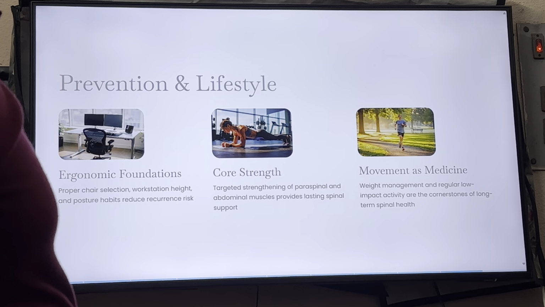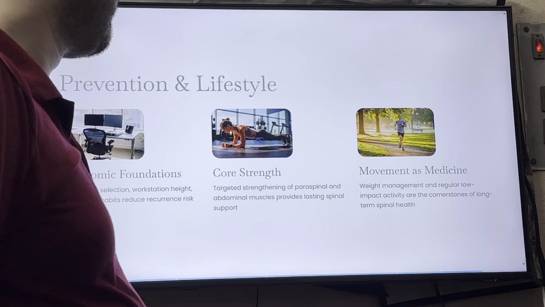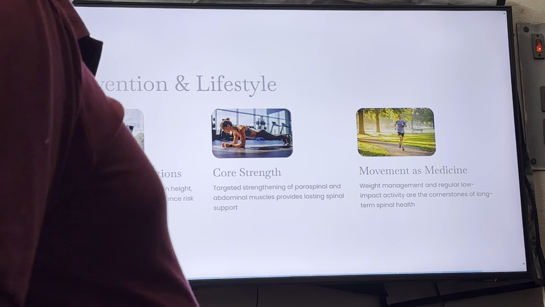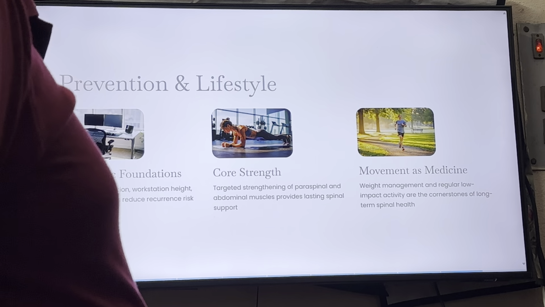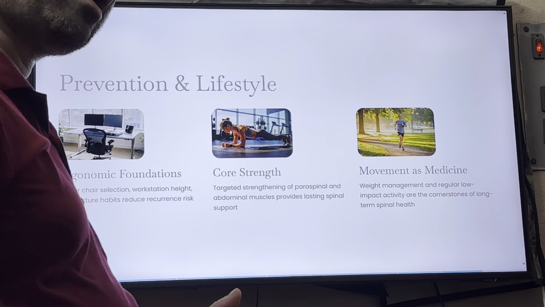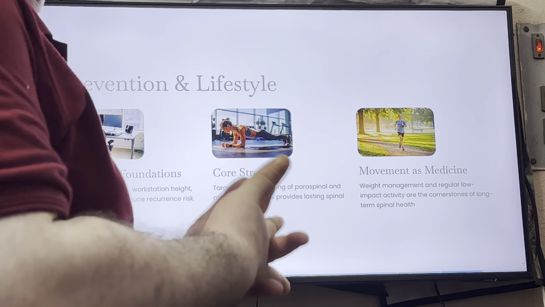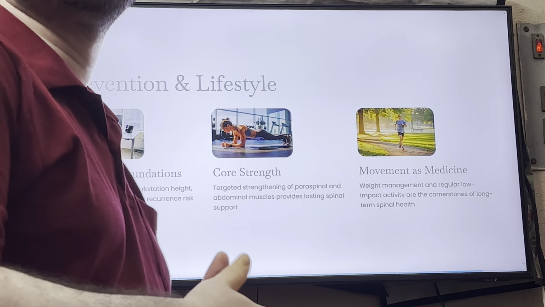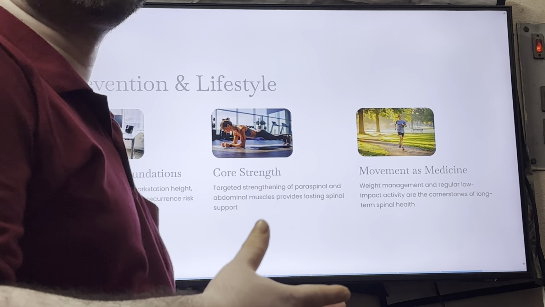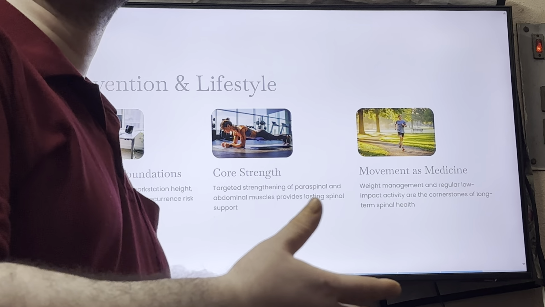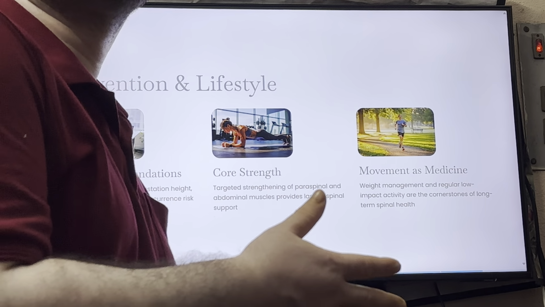Core strength: targeted strengthening of the paraspinal and abdominal muscles provides lasting spinal support. If you have strong muscles, the body weight and workload are borne by the muscles, not by the bones of the spine.